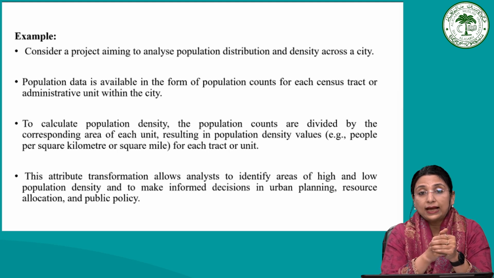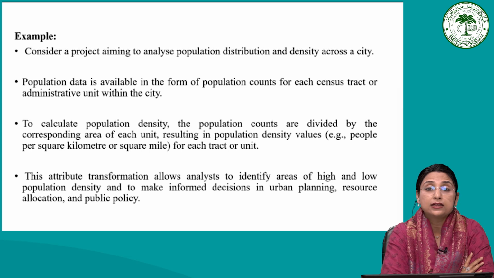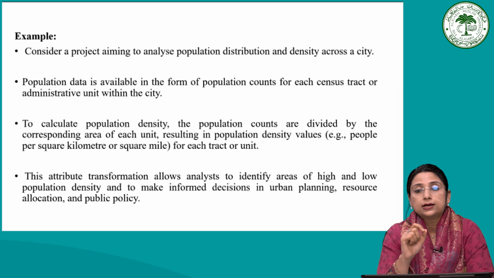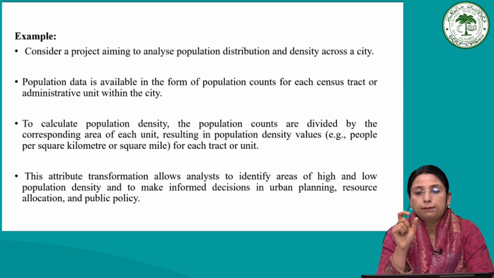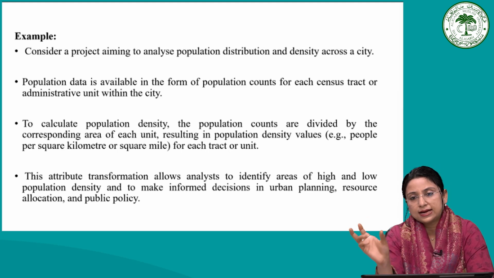In order to calculate the population density, the population counts are divided by the corresponding area of each unit, resulting in population density values, for example, people per square kilometer, or per square mile, whatever the set criteria is for each tract or unit.